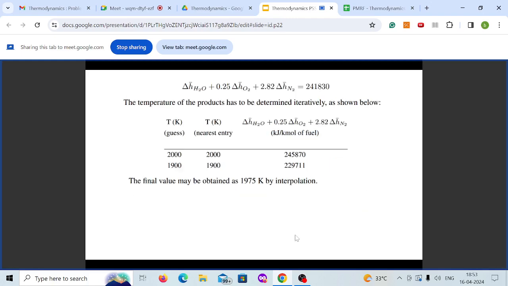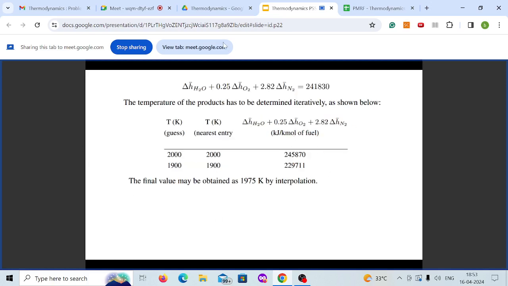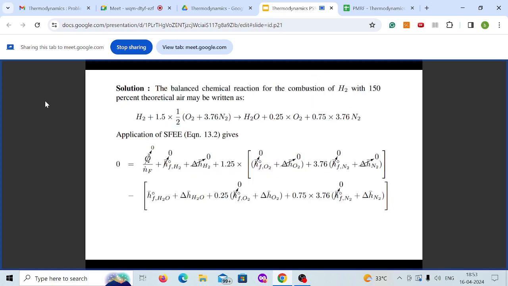So substituting the enthalpy values of formation and the enthalpy at the temperature which we have to find, this is the expression which we will get: delta H of H2O plus 0.25 delta H of O2 plus 2.82 delta H of N2 equals 241,830, substituting the formation enthalpy of water.